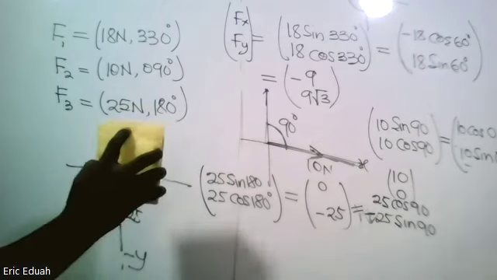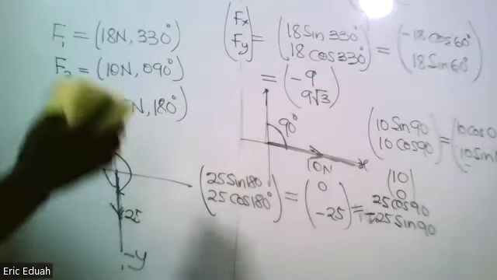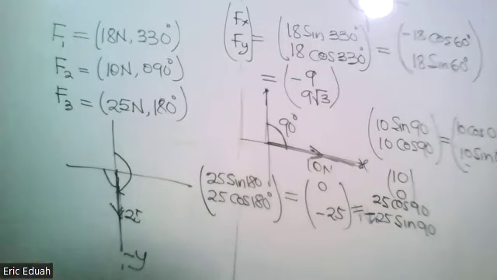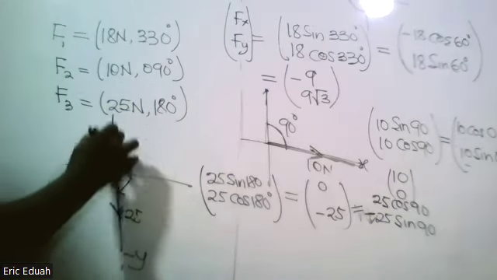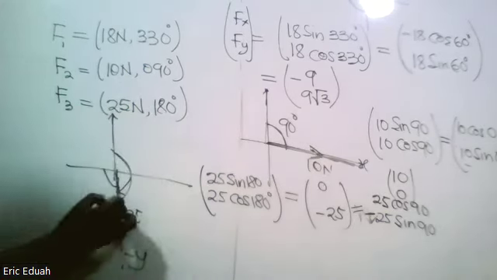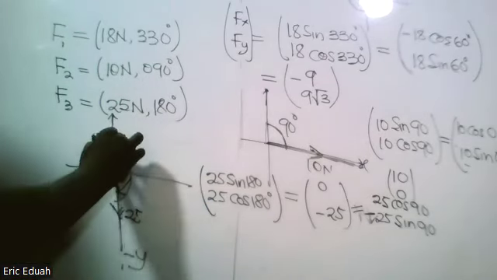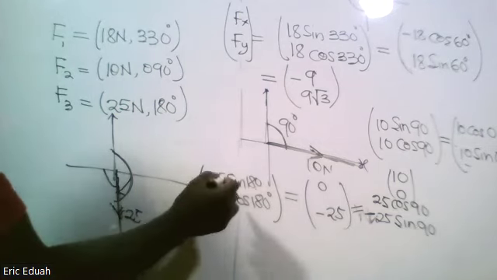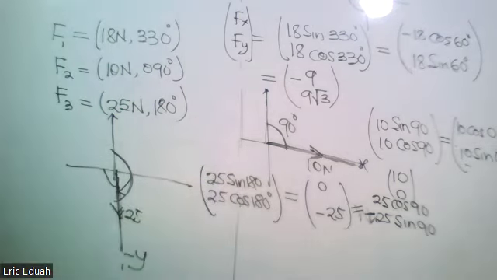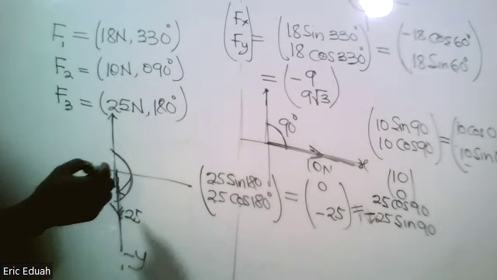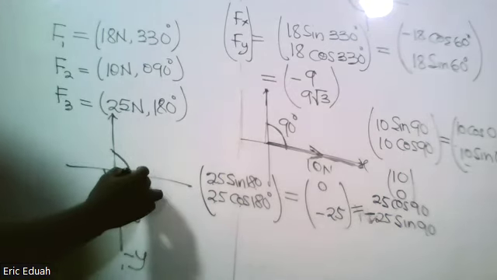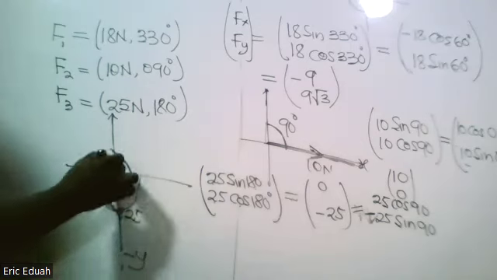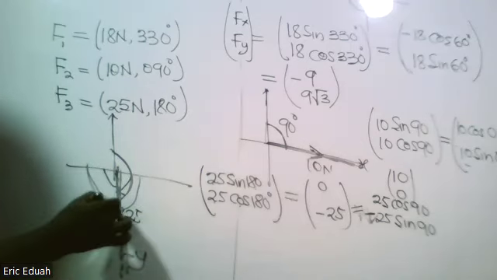So we are looking at either the angle it makes with the x-axis or the y-axis. And when we look at this, the angle it makes from the y-axis, from the north, is 180. And so if I'm using that angle, I have 25 sine 180, 25 cos 180. You can also look at it from the angle it makes with the x-axis, because the force is along this direction.